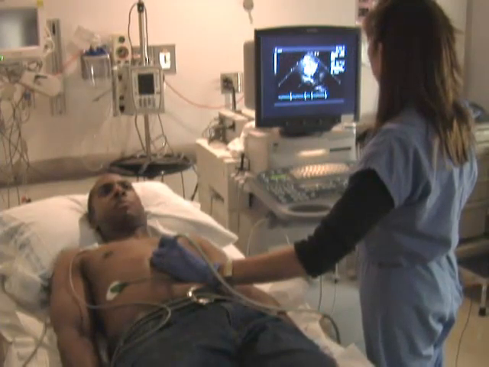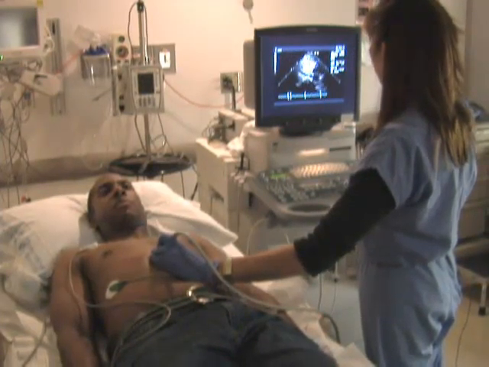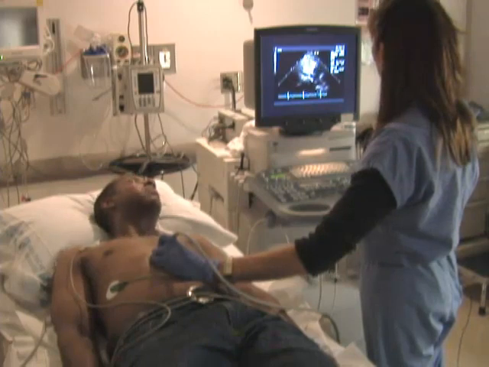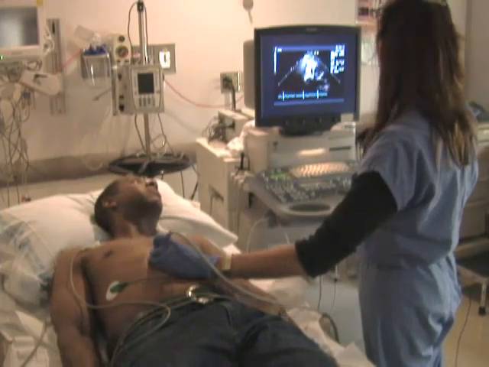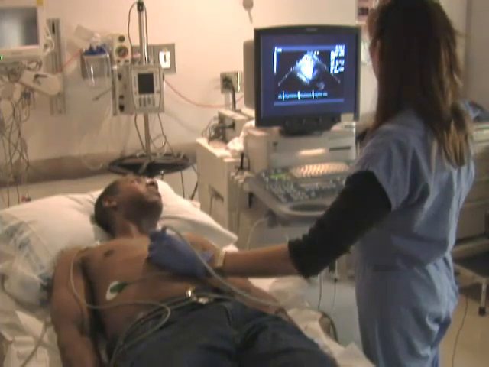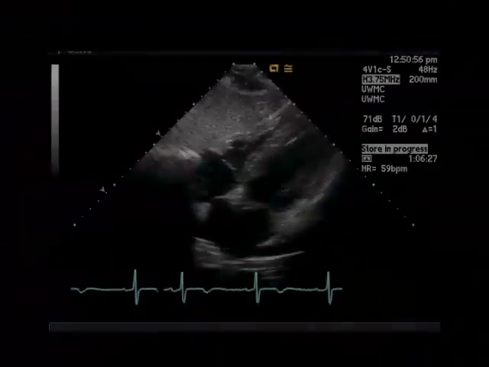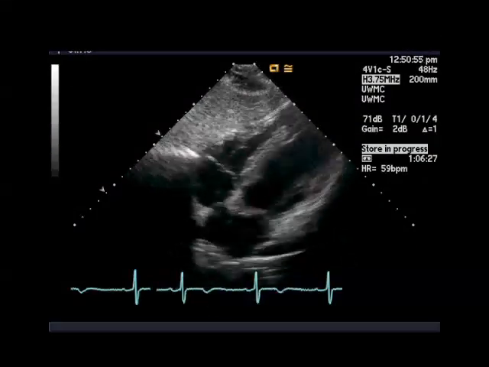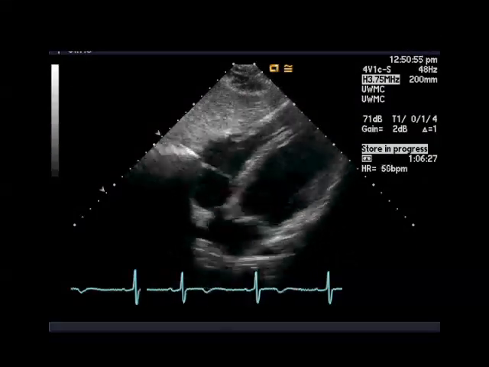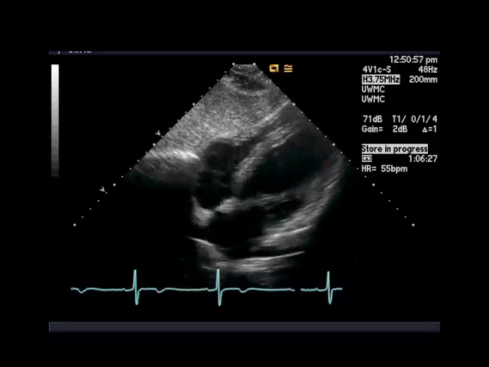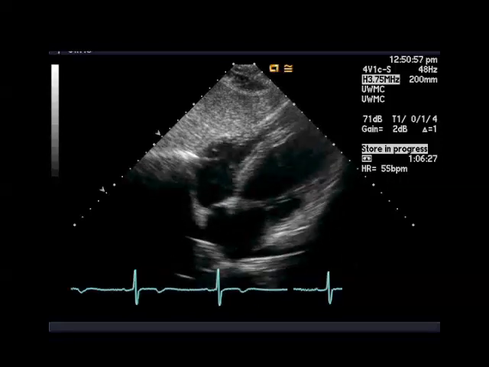Now the patient is asked to lie on his back with knees bent to relax the abdomen if needed for imaging from the subcostal window. The subcostal 4-chamber view is obtained with the transducer oriented towards the patient's left shoulder.